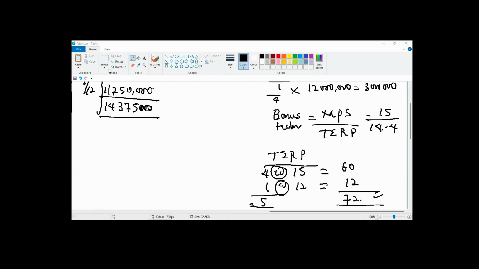Bonus and rights issue in a question. What do we do in that regard? Where we have bonus and rights, it is the same approach, the same way. The only difference is that we draw a table that will accommodate the two. For example, if I have bonus issue and rights issue, I will draw a table for bonus issue.